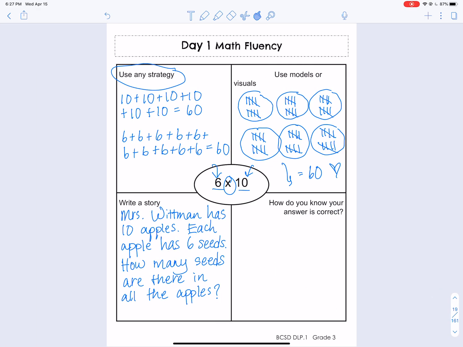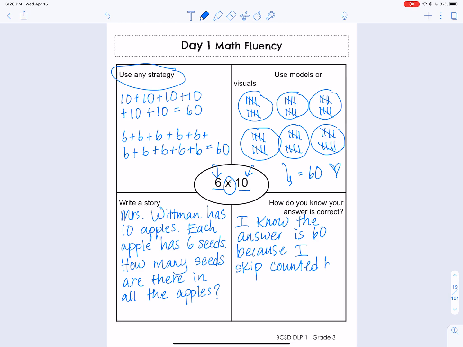Whoops, I got to switch back to my pen. Okay. I know the answer is 60 because, key word there, you got to use the word because, I skip counted by 10 6 times and arrived at 60.